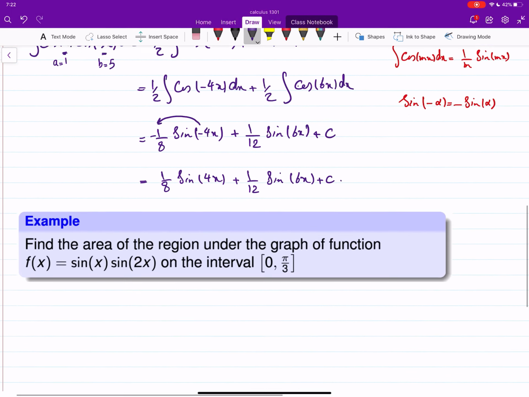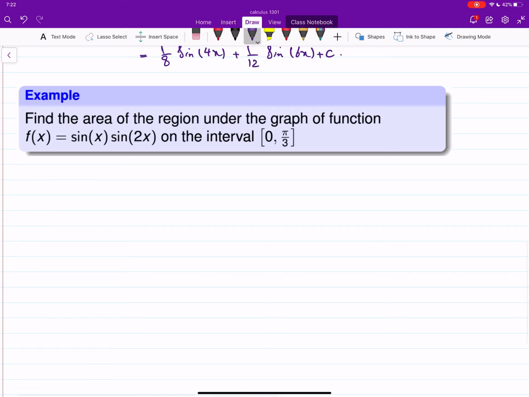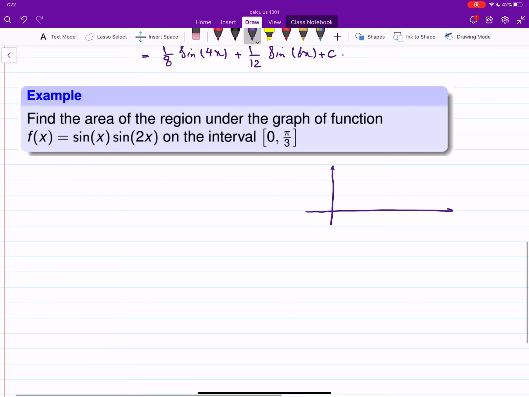That's it. Let's do one more down here. The area of the region under the graph of the function. So this function, I don't know exactly what it's for, but what I can say is that from 0 to pi over 3, this guy is positive, this guy is positive.